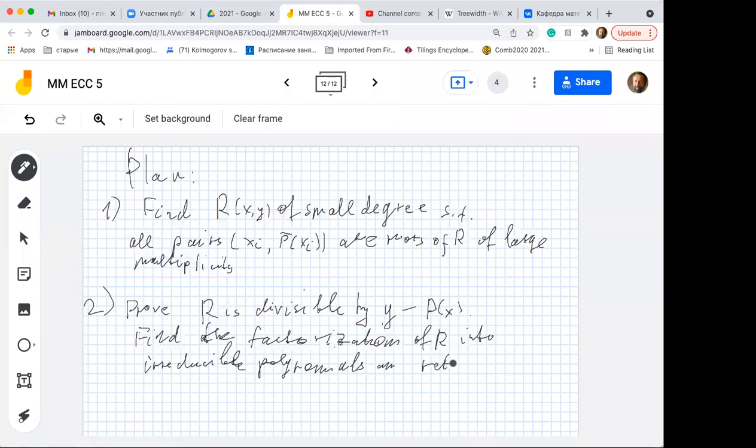So among those polynomials, I mean among linear parts in y, necessarily will be our polynomial. And return all, say, t of x such that R is divisible by y minus t of x.